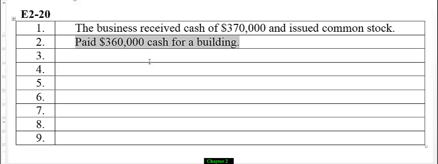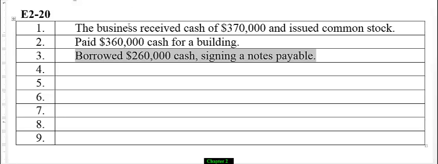So cash is a debit. As a debit, it's going to increase. So notes payable is a liability. As a credit, it is increasing. So we're increasing our liability as we increase our cash. So we're borrowing $260,000 and we're going to have to pay that back at a later date. So we signed a note payable and create the liability.